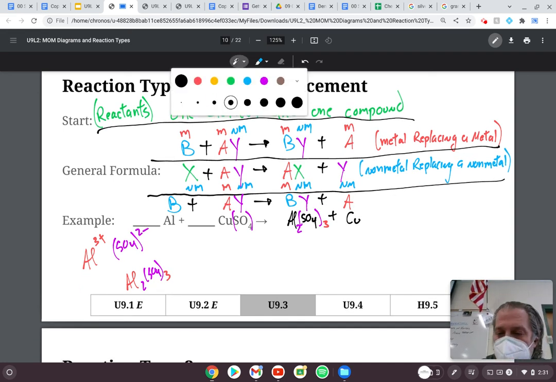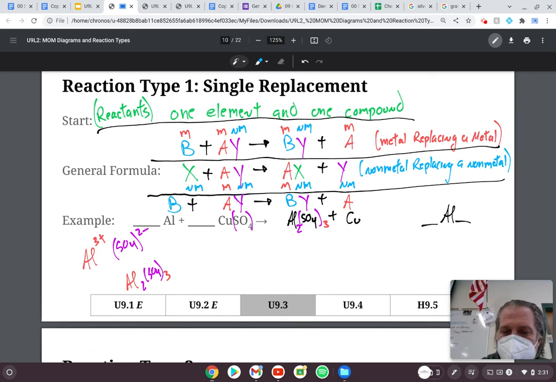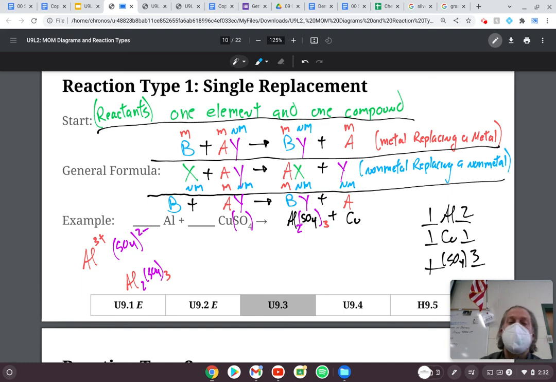So I have aluminum, copper, and sulfate, SO4. On the left side, I've got 1 aluminum, 1 copper, 1 sulfate. On the right side, I've got 2 aluminums, 3 sulfates, and 1 copper. Going from left to right, I have 1 aluminum on the left side, 2 aluminums on the right side.